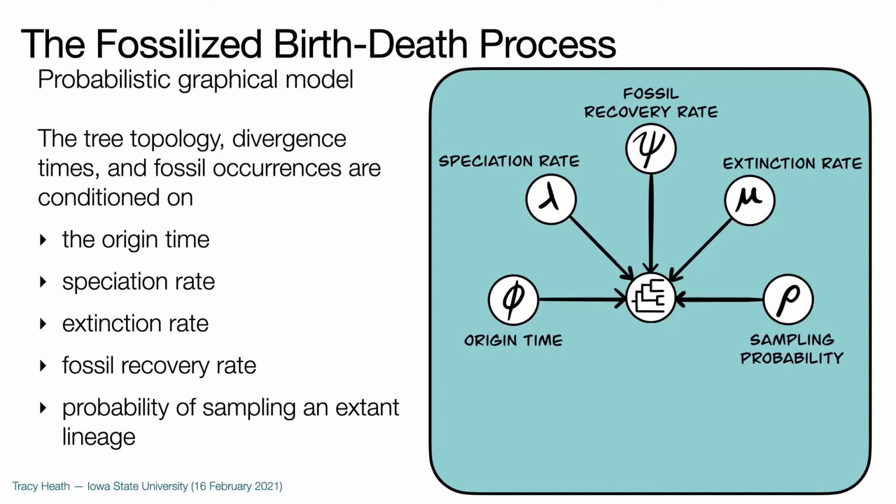And additionally, we also have a parameter that accounts for the probability that only a subset of the living taxa are included in the analysis. And we are also able to observe from this process the fossil occurrence times. So our observations of this process, especially of the process that happens before the present, really come from these snapshots that are the sampled fossil occurrence times.